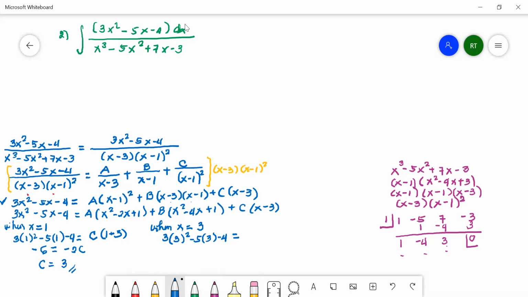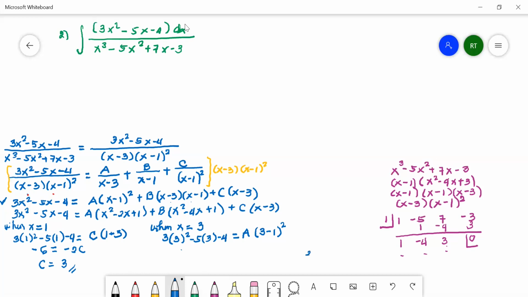Therefore, the second term and the last term, the ones containing the constants b and c, will be 0. So we will have a times the quantity, now x is equal to 3, so 3 minus 1 raised to the second power. If we simplify the left member, 3 squared is 9, 9 times 3 is 27.